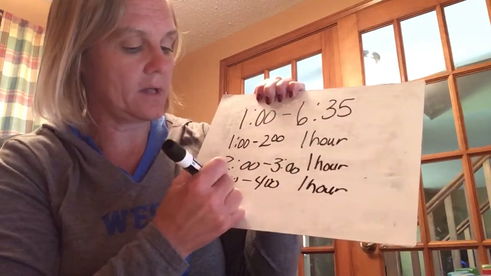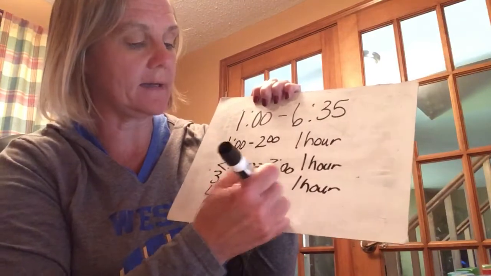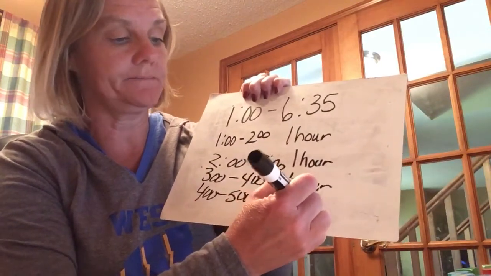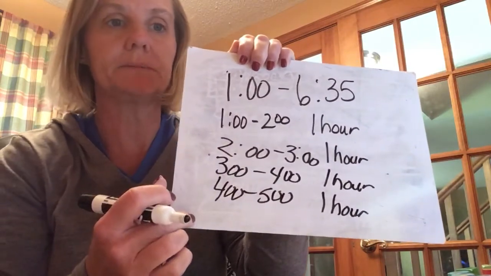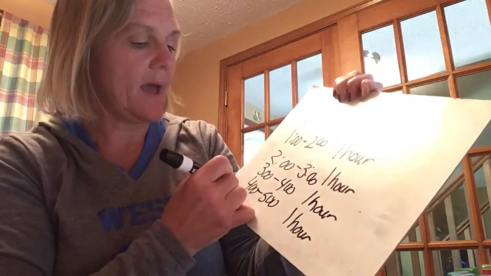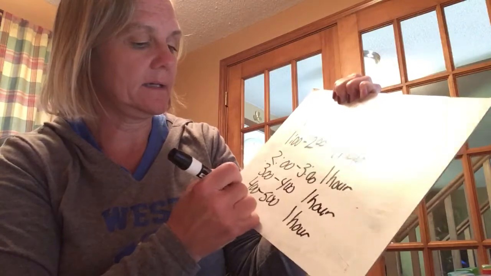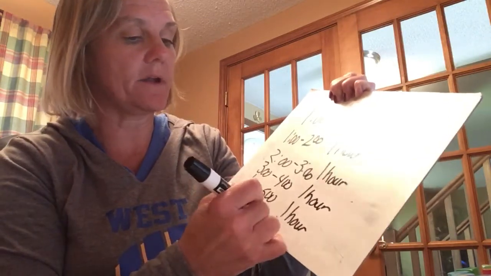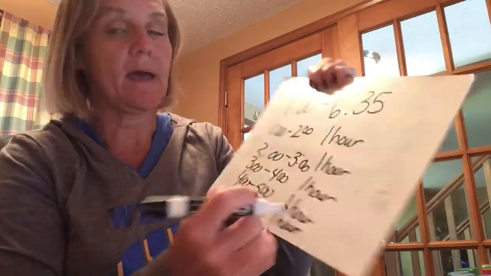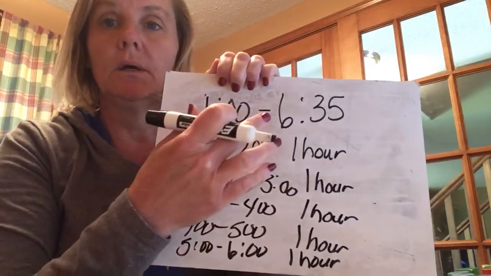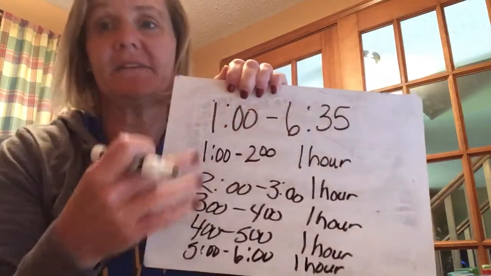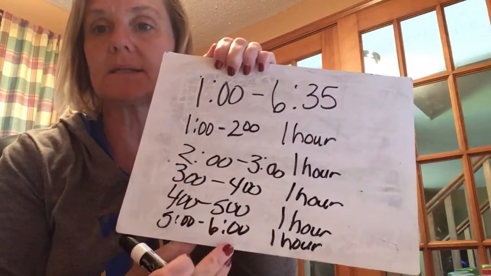And then 4 o'clock to 5 o'clock is another hour. Okay, see what I'm doing? I'm just taking away each hour. And then 5 o'clock to 6 o'clock is another hour. And then I'm going to stop my hour time there because I stopped at 6:35. So I'm stopping the hour at 6.